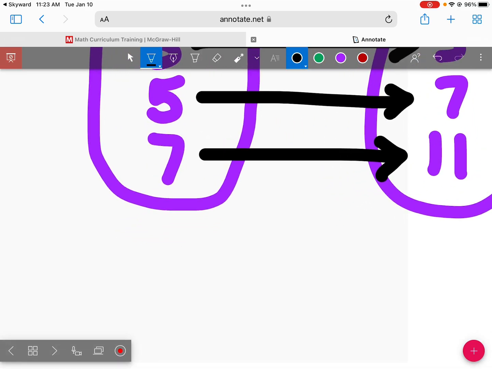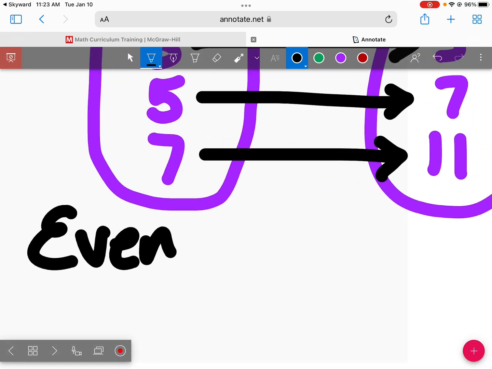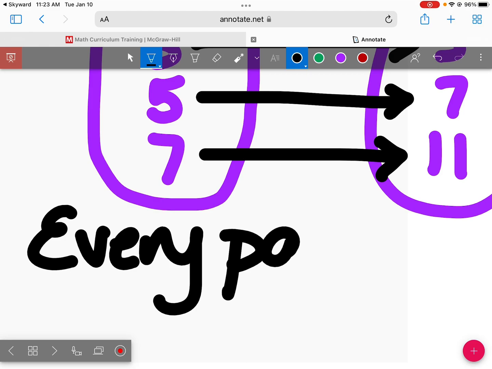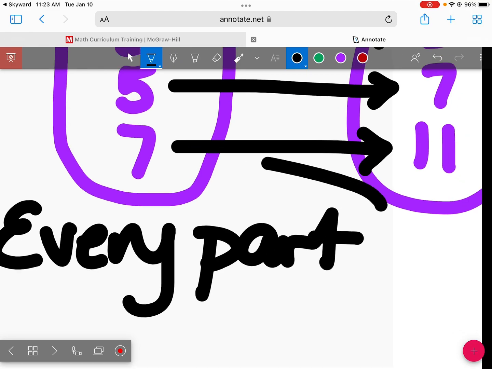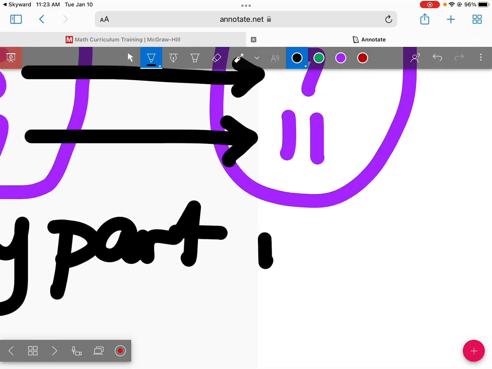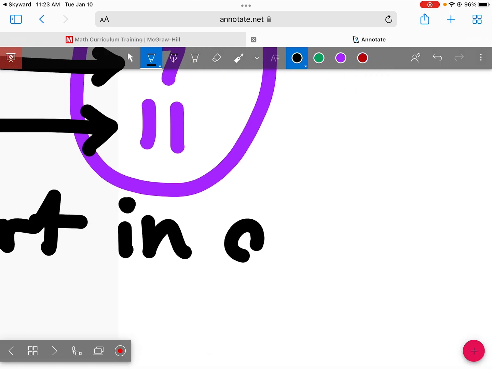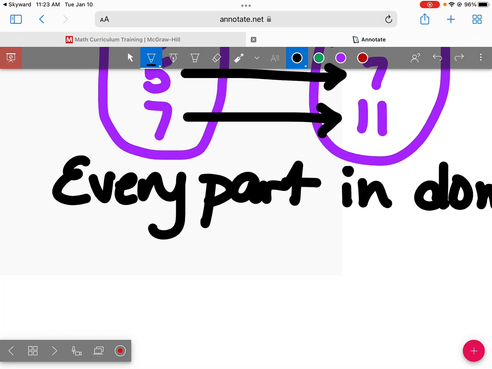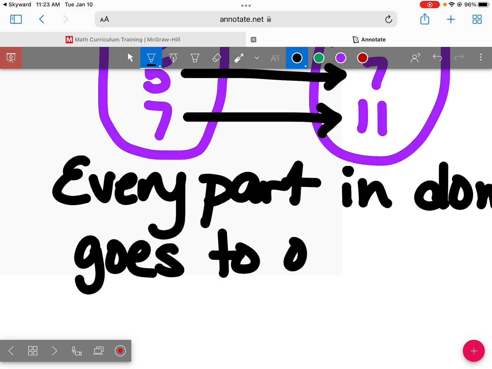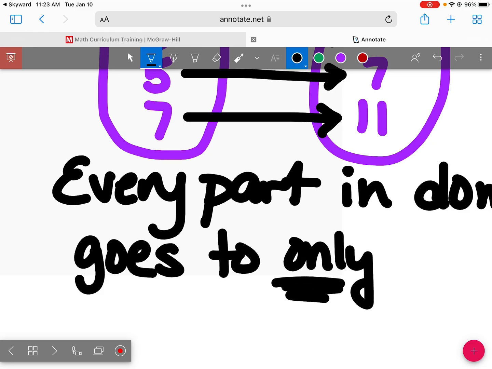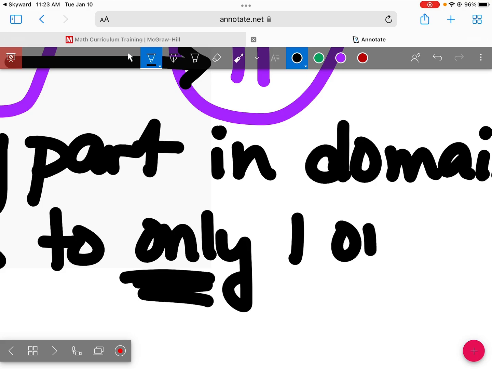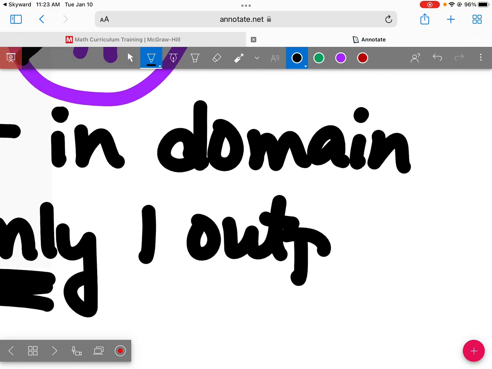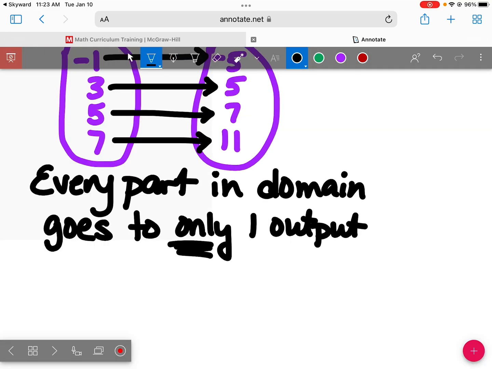If every part in my domain goes to one output and only one output, it is a function.